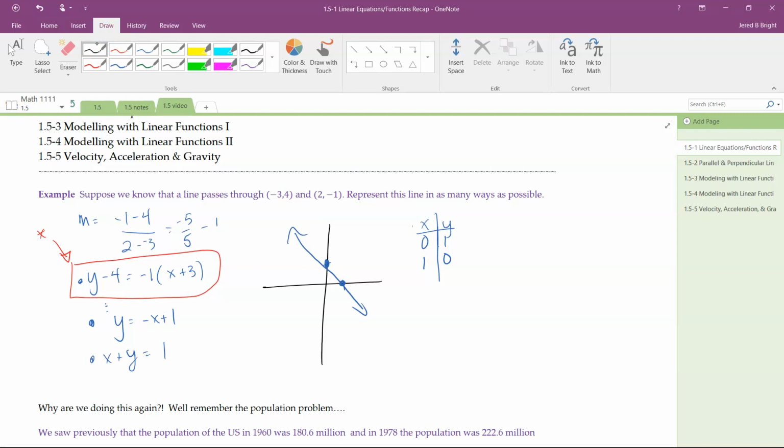Okay, and then certainly we could talk about the graph or the descriptive form. Various ways to describe it. You could just say, like in words, y is equal to negative x plus 1. Like you could say that. I just happen to say this to incorporate the interpretation of the slope.